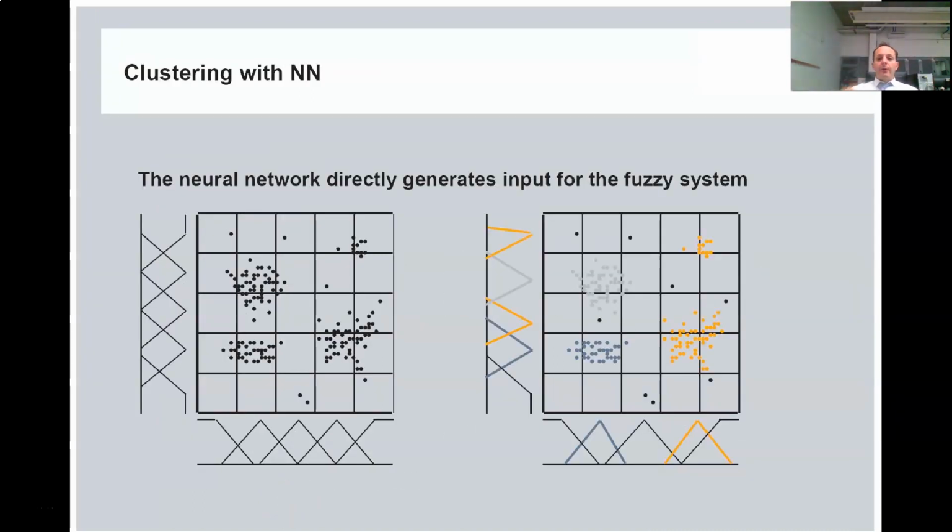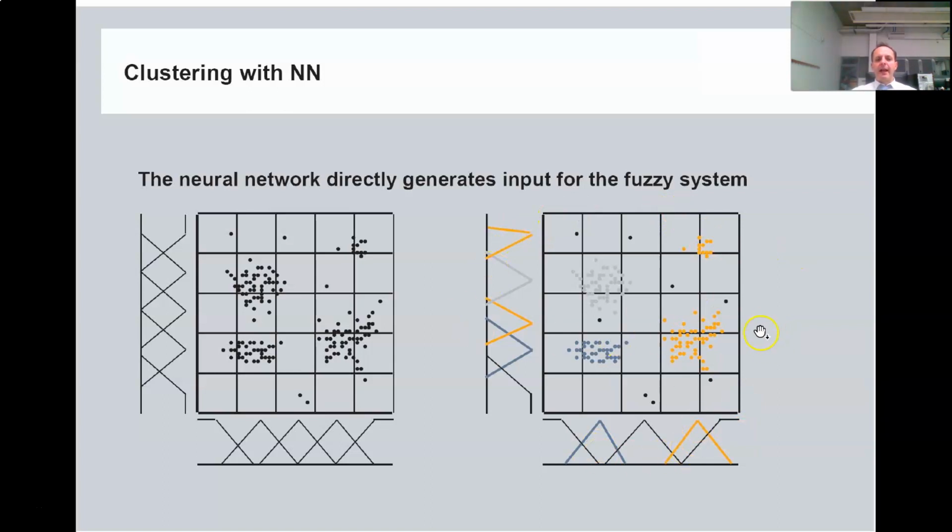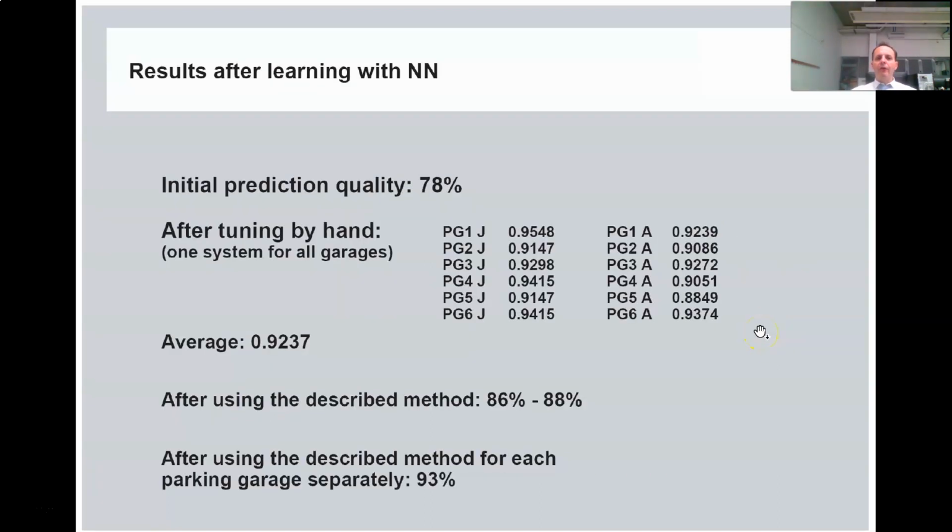So normally we can use a clustering system with a neural network, because depending on the data, the network can generate the input for the fuzzy system, and then using a clustering of the data, we can obtain the final results.